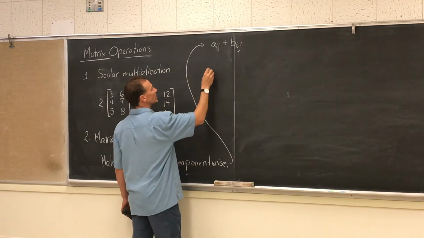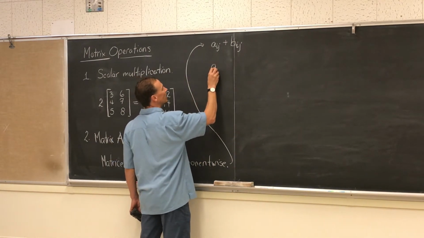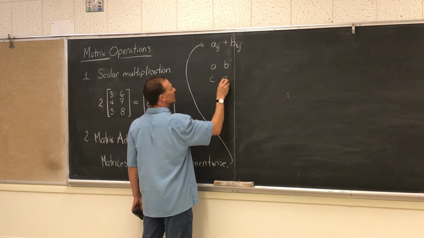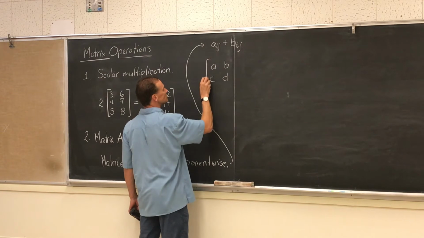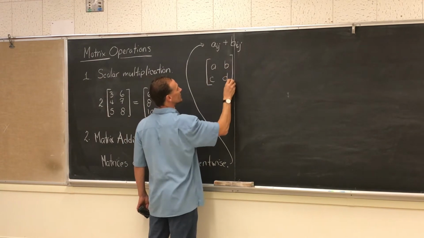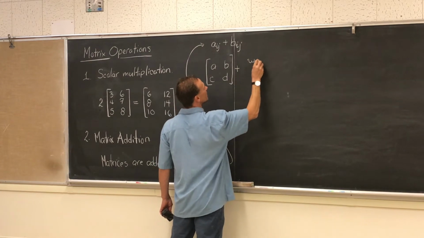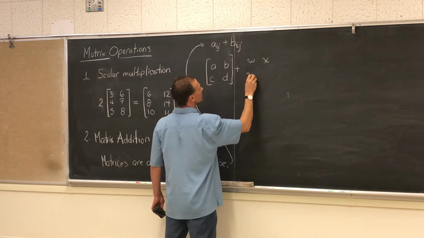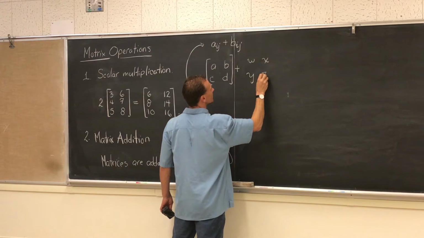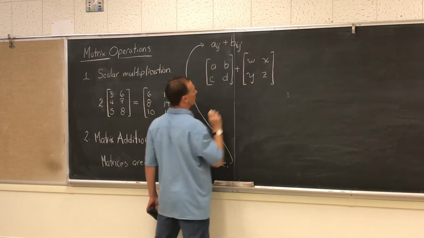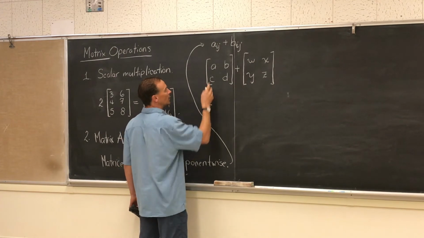So if I have an example, say I have the matrix A, B, C, D, and I want to add to that the matrix of W, X, Y, Z. Well, we add those two together. We add component-wise.